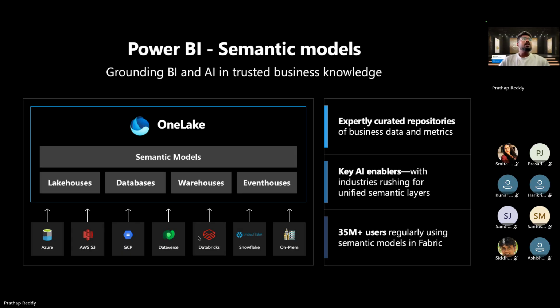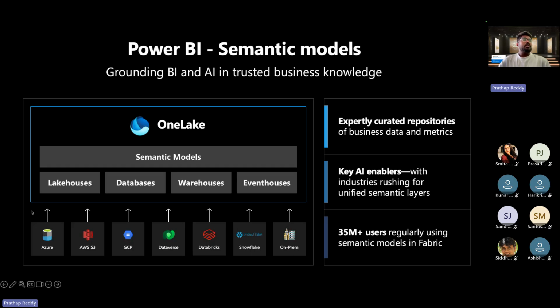Now, in Power BI, semantic models. So in the semantic models, for example, we have semantic models like lakehouse, databases, warehouse, and eventhouse. These are the major things that are available in OneLake. So again, this unified platform is connected to Azure, AWS S3 buckets and all for the data, and GCP, and also Dataverse for the data, and Databricks, Snowflake, and on-prem.